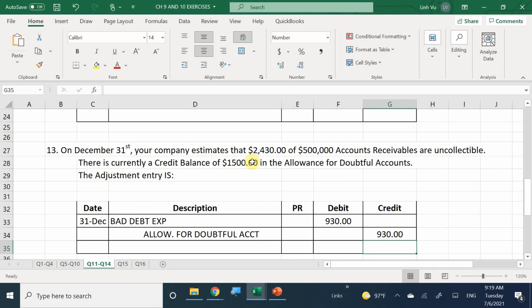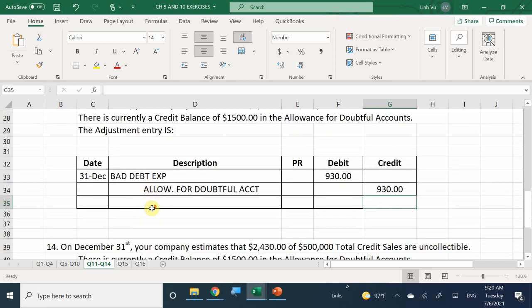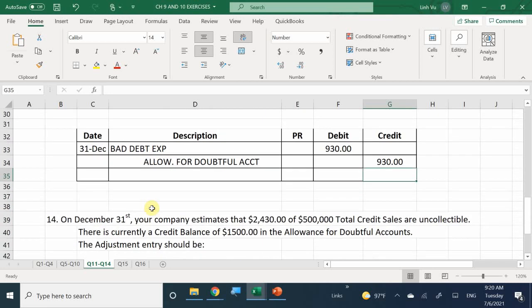How much more do I need to get to a total of $2,430? So that's where we get $930. You already have potential bad debt that's already taken out. So in this case, I only have 930 more left to go to get to 2,430.